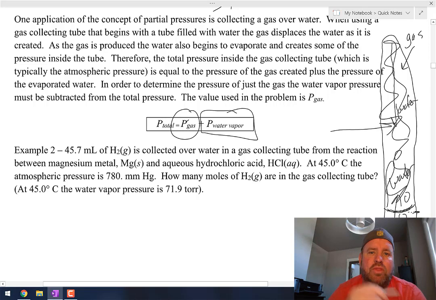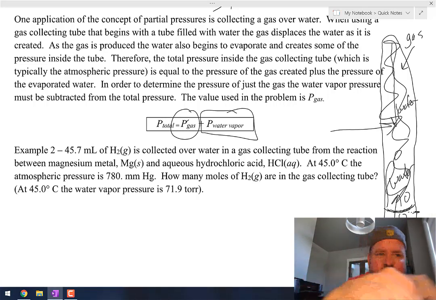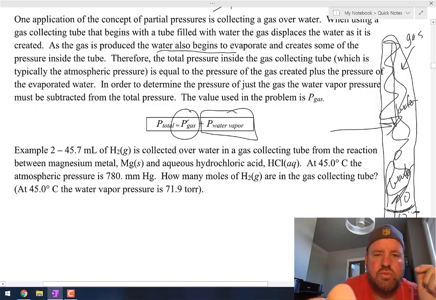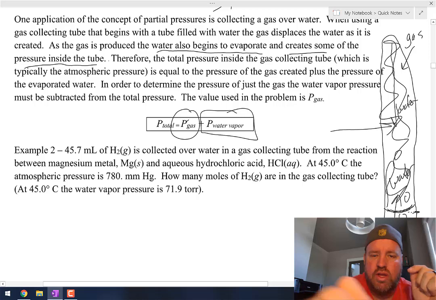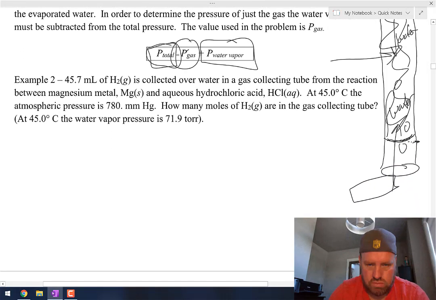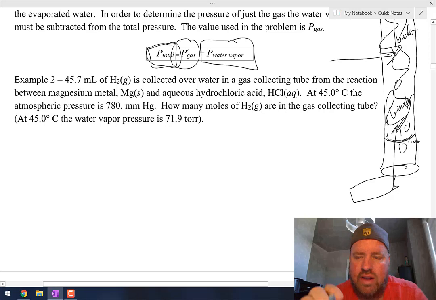So the gas displaces the water as you put more gas in there. The water also begins to evaporate though and creates some of the pressure inside the tube. So therefore, this total pressure here is mostly the pressure of that gas, but it's also some water vapor as well. Okay, so let's see how we're going to use that to help us answer a question.